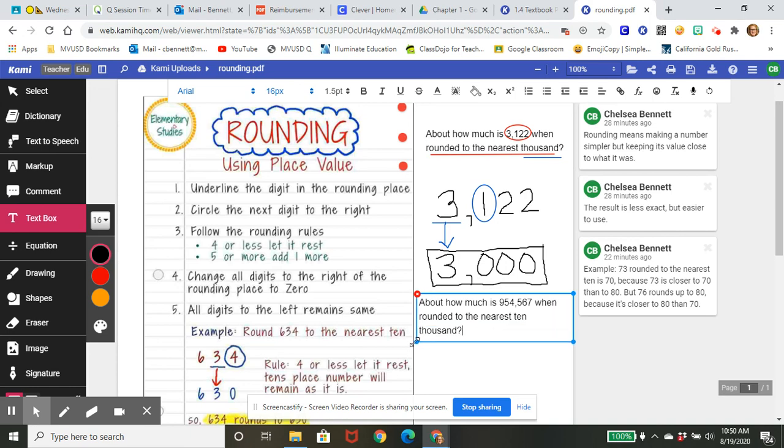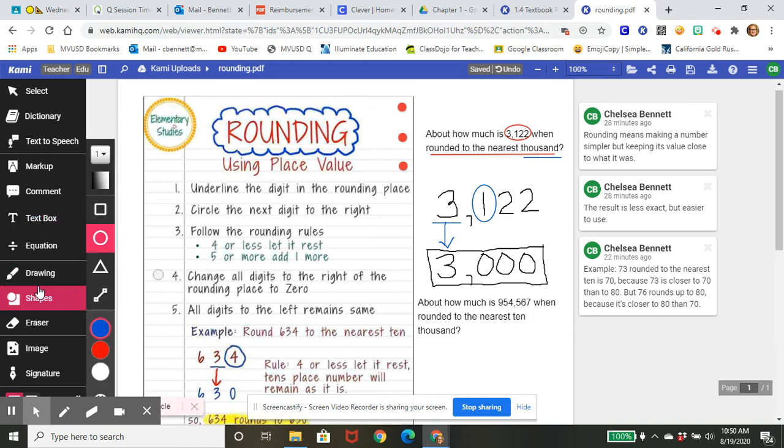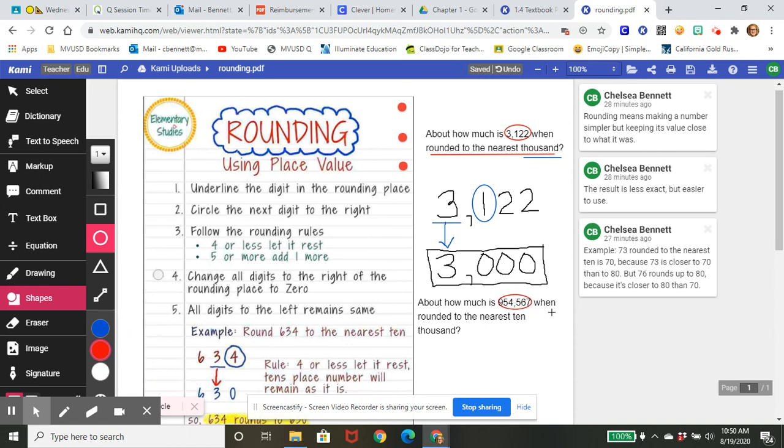Okay. So about how much is 954,567? Let me circle my number. It's 954,567, when rounded to the nearest 10,000. Rounded to the nearest 10,000.